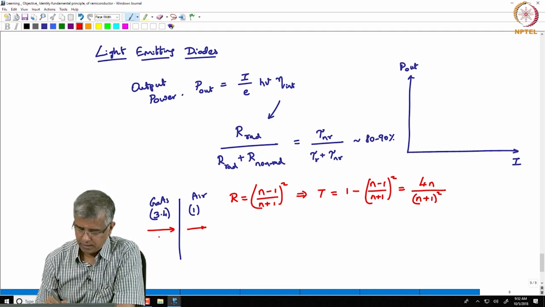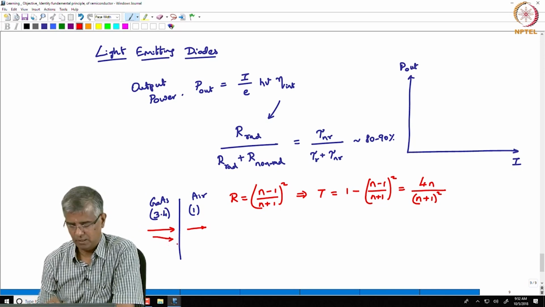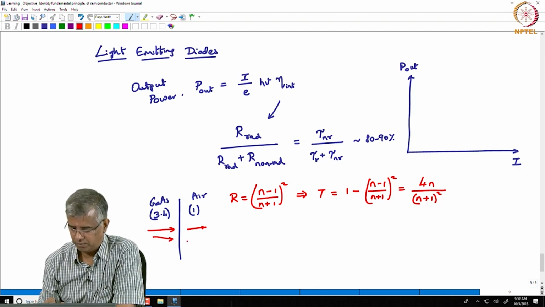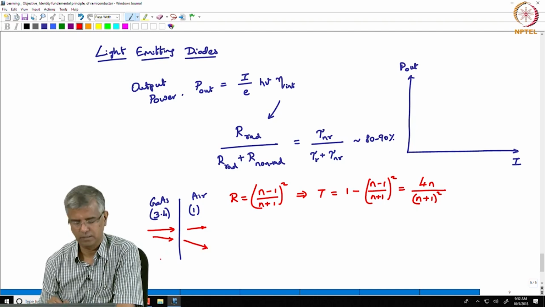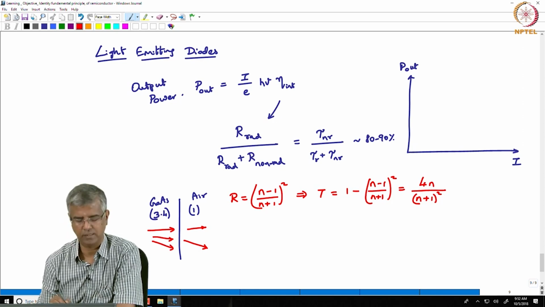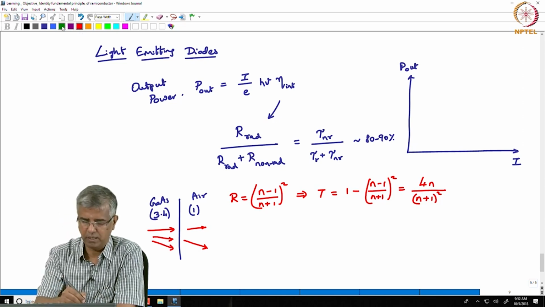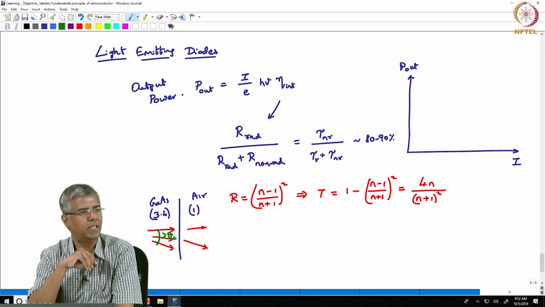Not only that, if you have some off axis emission, that will also refract and go out like this. But if you keep looking at larger and larger off axis angles, especially angles greater than the critical angle, then what happens?